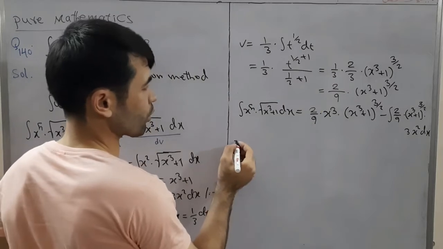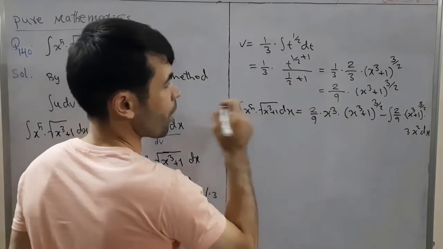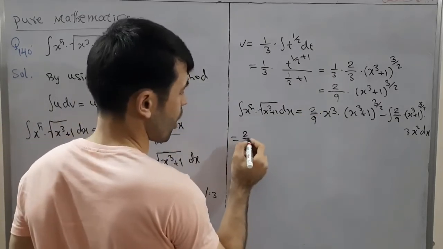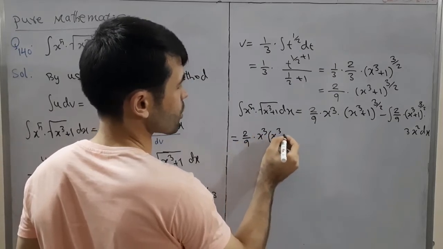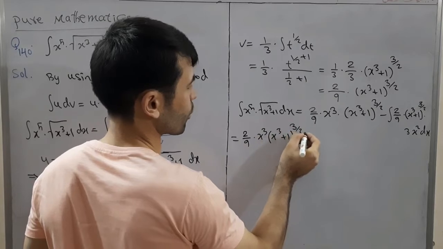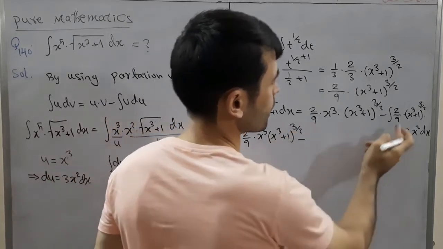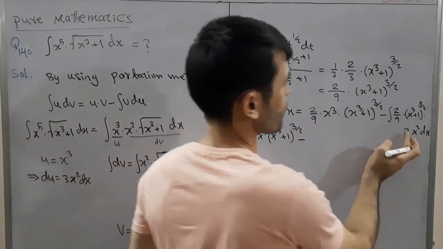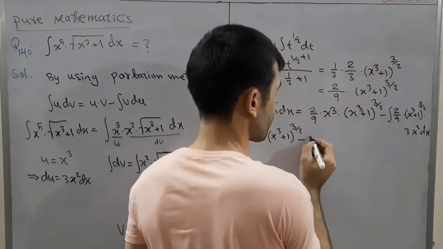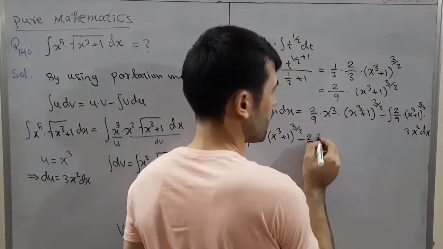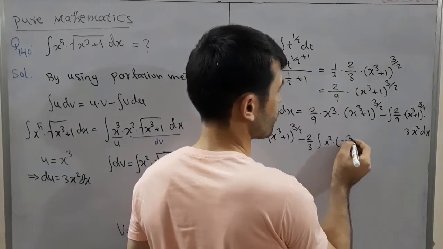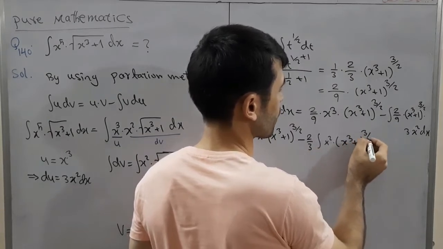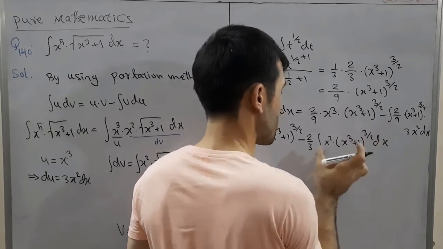Now it is equal to 2 over 9 into x cube plus 1 whole to the power 3 over 2 minus, 3 by 9 cancelled, 2 over 3 times the integral of x square into x cube plus 1 whole to the power 3 over 2 dx.